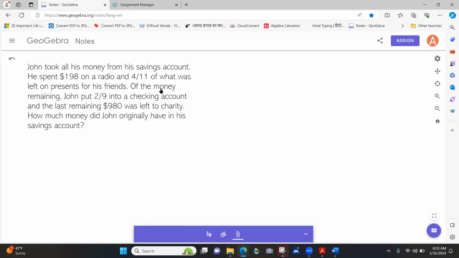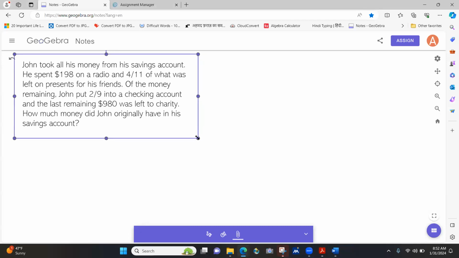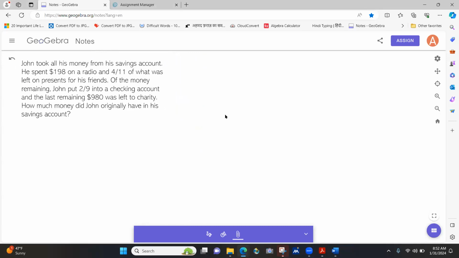So I am going to make a rectangle that's 9 by 11.